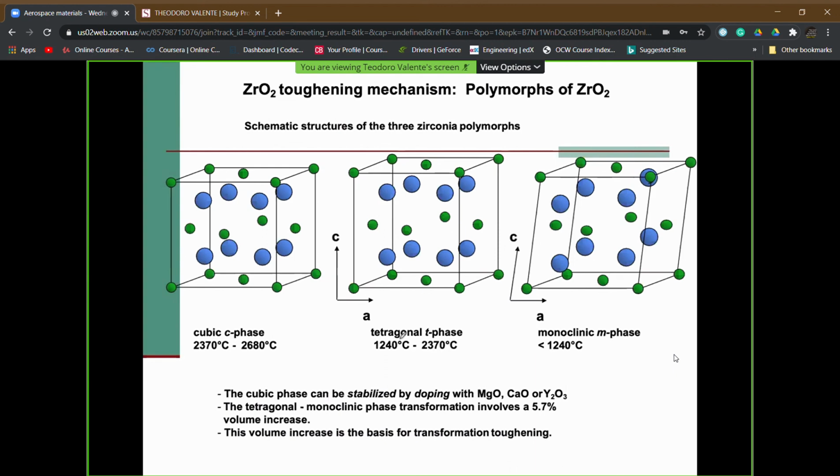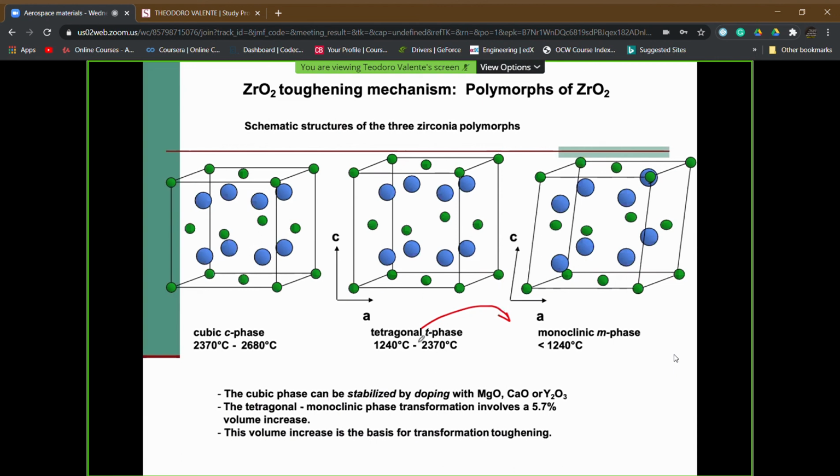So we could also think to have an all-tetragonal phase at room temperature if we cool from here to here in a very rapid way. But we will not have a second stable phase like the cubic one, which exists only with yttrium oxide, also with calcium, also with magnesium oxide, but in terms of increase of fracture toughness, yttrium oxide gives the best results.